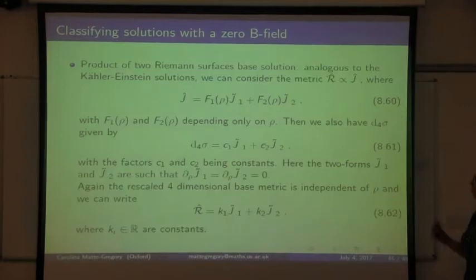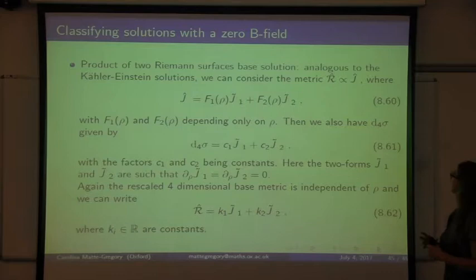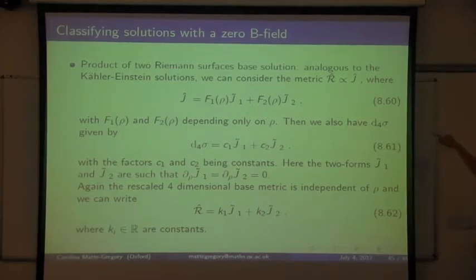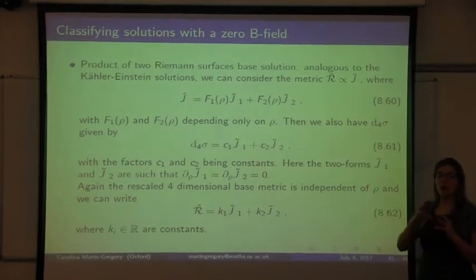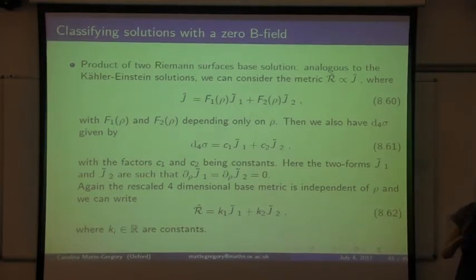Now, going into the product of two Riemann surfaces. I have to take into account, I should have probably written the metric of the general ansatz. So I can still consider that the Ricci tensor is proportional to this J hat. But now J hat is actually a composition of some J1 in one of my Riemann surfaces and J2 in the other of my Riemann surfaces.